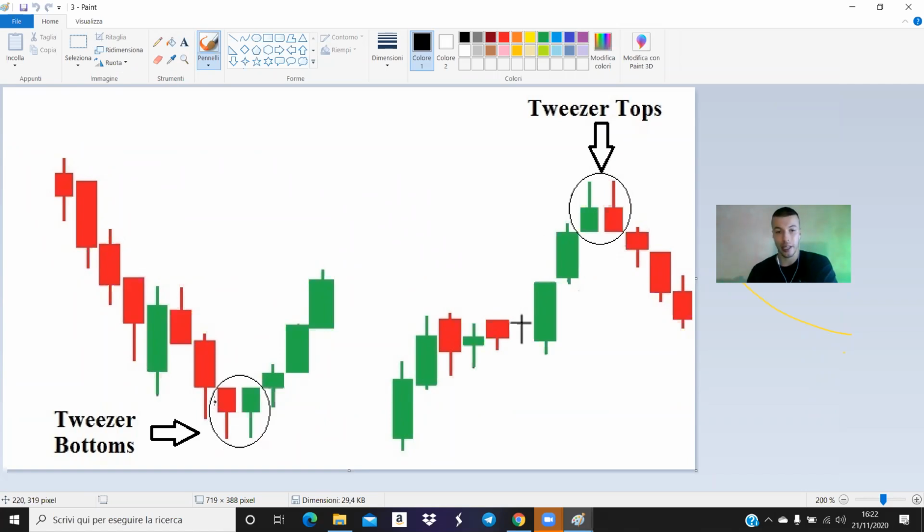So there is a double rejection of an area. In this case, double rejection of a demand. In this case, double rejection of a supply. And it is maybe even stronger than the pin bar. The reason why I chose the pin bar as my favorite is because I'm not going to wait for a second candle after I see a pin bar. So I would already enter at the first one right here or at the first one right here.